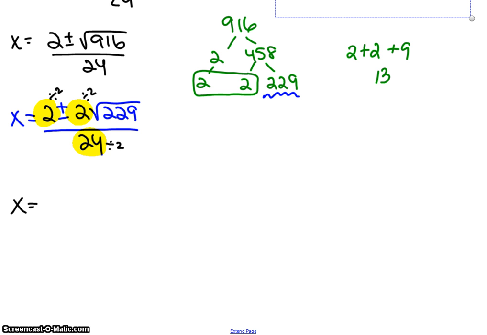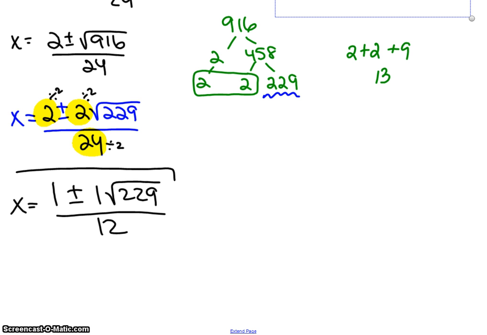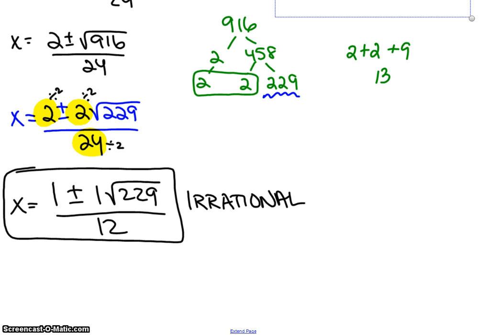So x equals 1, doesn't disappear. We have to think about 2 divided by 2. And that's why I've suggested writing this one in as well, so we see that there is a number piece there. And there's my solution. And again, this is what we talk about as an irrational number because I don't have that perfect square. In this case, we'll leave my solution looking like this, because the 1 plus the square root of 229 divided by 12 is one of my solutions, and the 1 minus the square root of 229 over 12 is the other.